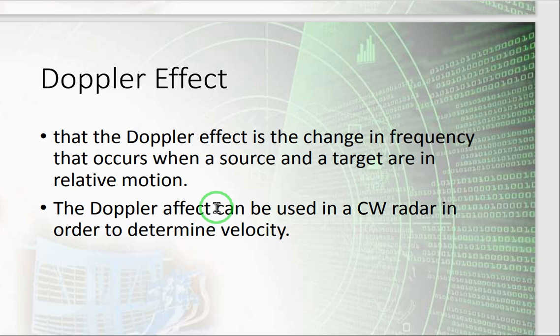That change in frequency caused by the relative motion of the object is known as the Doppler effect. The Doppler effect can be used in continuous wave radars in order to determine the velocity of the detected object.